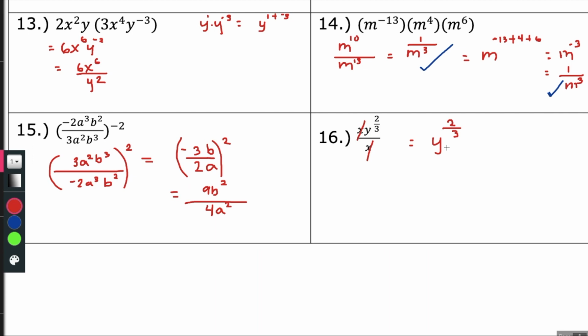The answer is yes. Okay? Whenever you see an exponent that is a fraction, we call it a fractional exponent, you can actually write it as a radical sign, which means that this will be your root and this one will be your exponent.